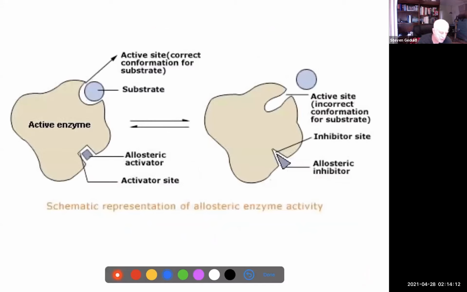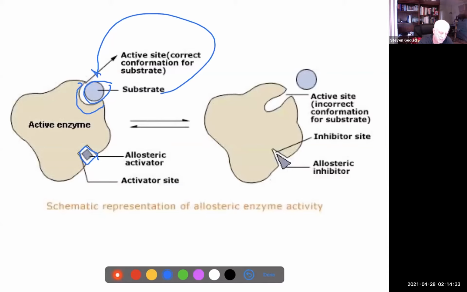Okay. So here's your substrate, and this is the active site of your enzyme. This is an allosteric activator. When this binds to that allosteric site, the active site is open. If the active site is open, the substrate molecule can come on in and become modified.